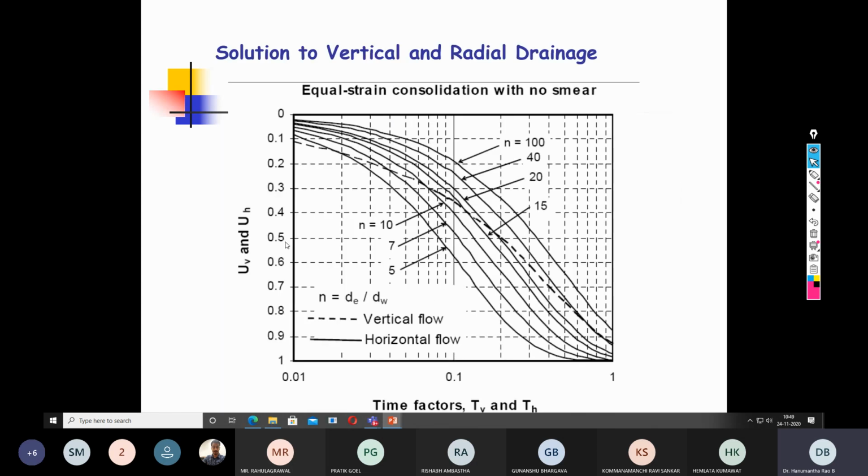Then the time factor for radial consolidation and the definition of the n value. And this is a predefined chart relating the degree of consolidation with the time factors, valid for both vertical as well as radial. The middle one is for vertical consolidation, and all the remaining thick dark lines are valid for radial consolidation.